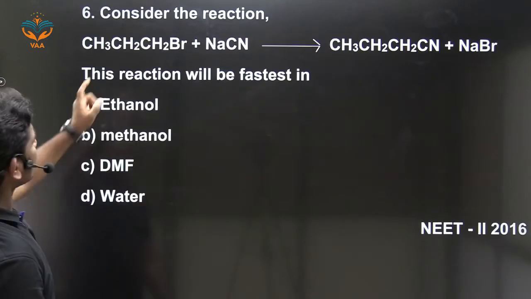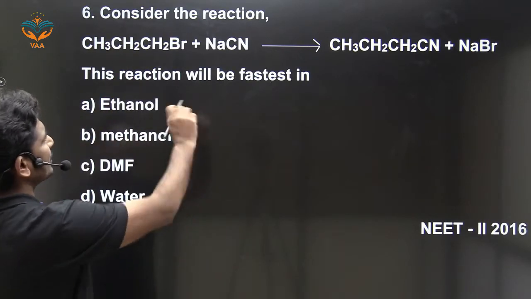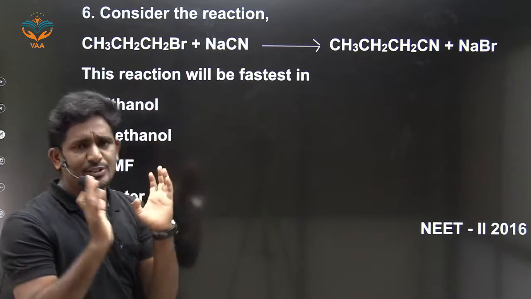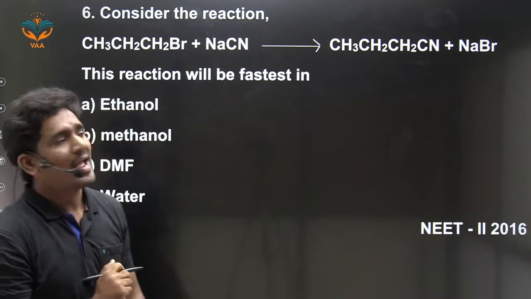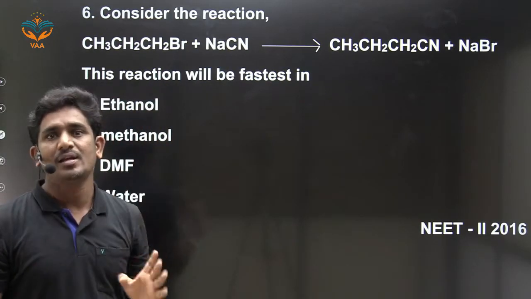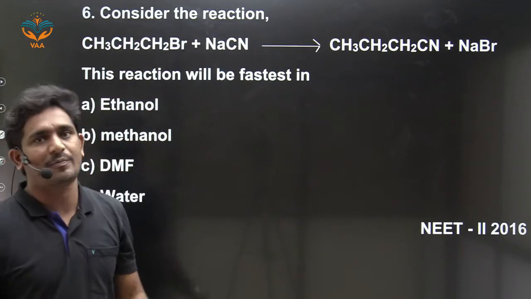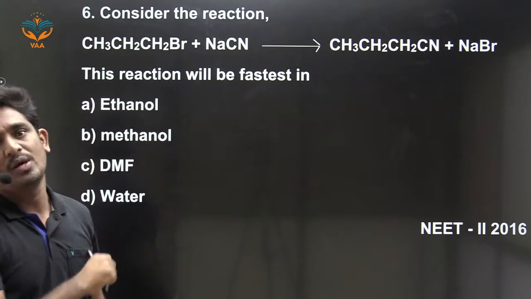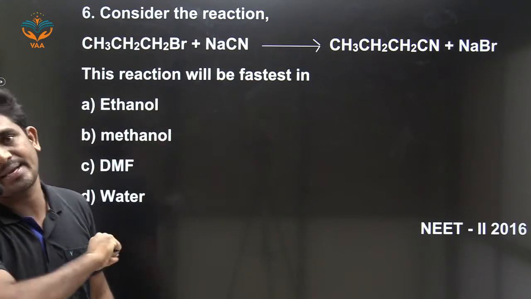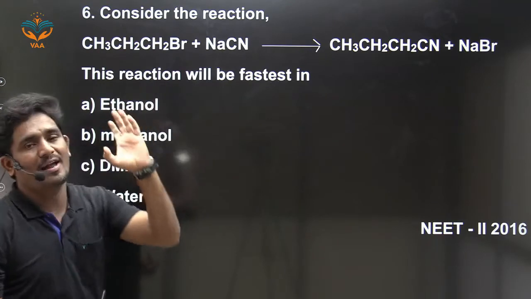Next one. Consider this reaction. Which type of reaction is it? NaCN. CN minus is a strong nucleophile, and a primary alkyl halide is given. Which type of mechanism will it follow? It will follow the SN2 mechanism because it is a primary alkyl halide.